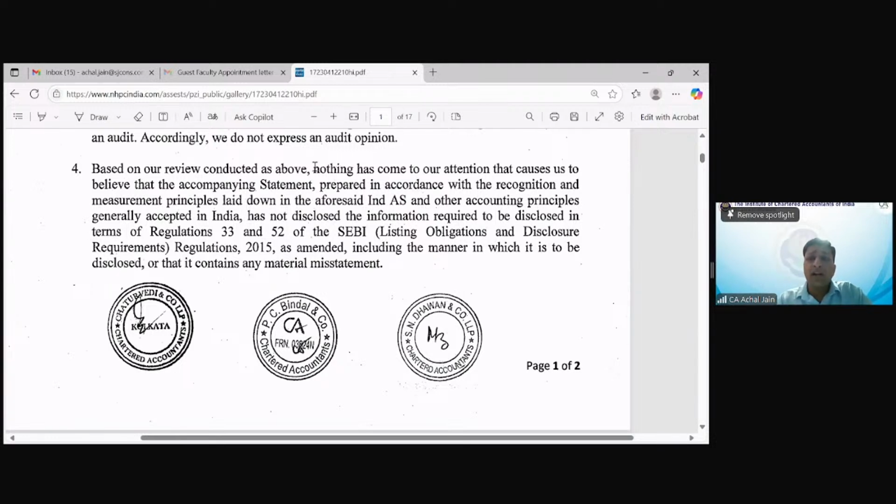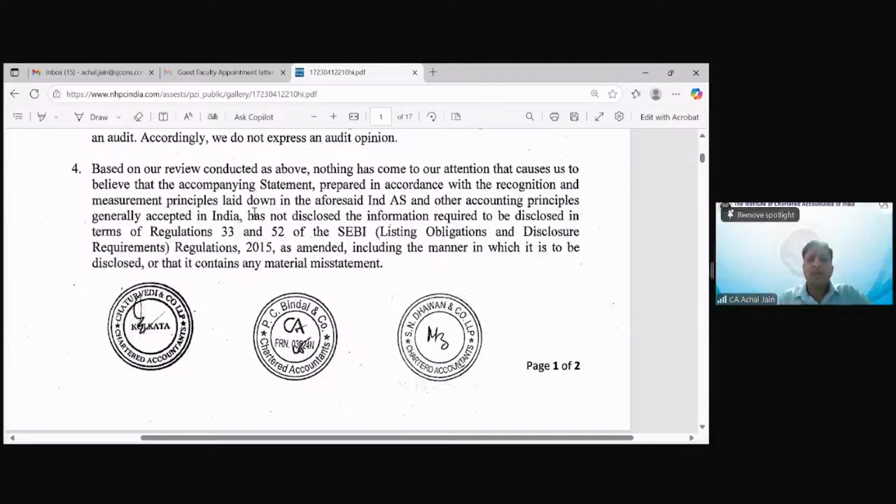Nothing has come to our attention that causes us to believe that the accompanying statement prepared in accordance with recognition and measurement principles and other accounting principles has not disclosed the information which is required to be disclosed including the manner in which it is to be disclosed or that it contains any material misstatement.